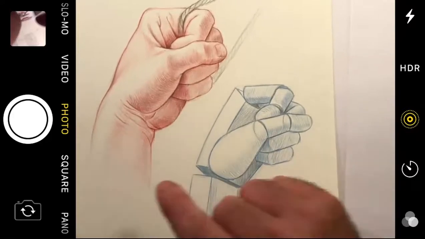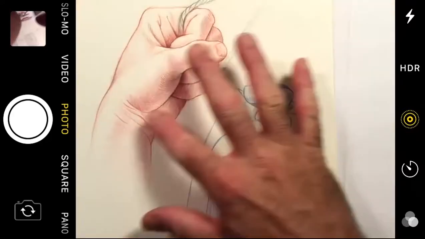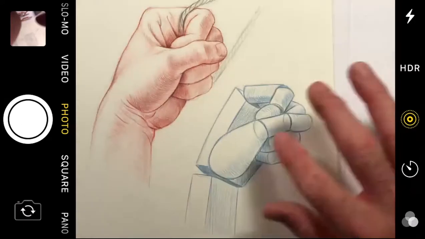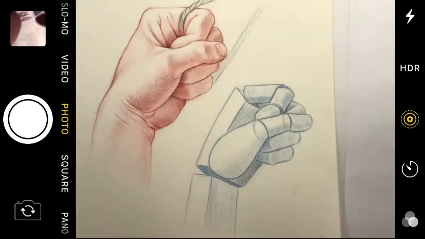And if you have time, you can also do this, but draw it as if you were looking at it. I have another hand that shows the blocks, right?